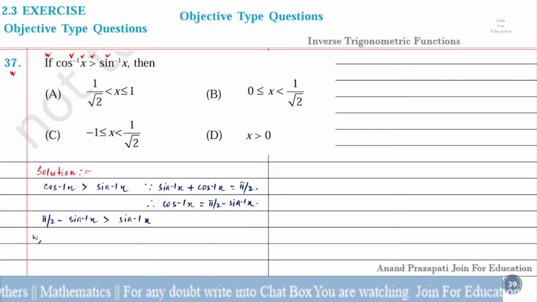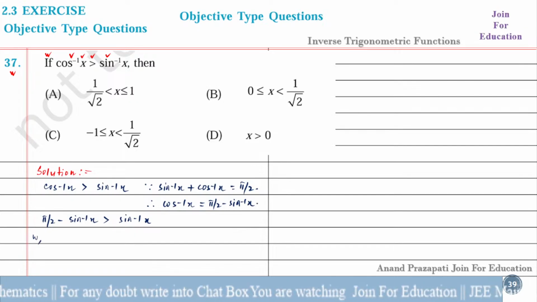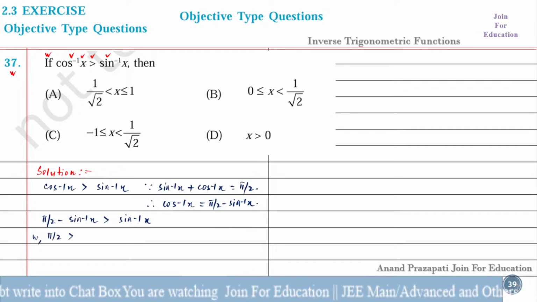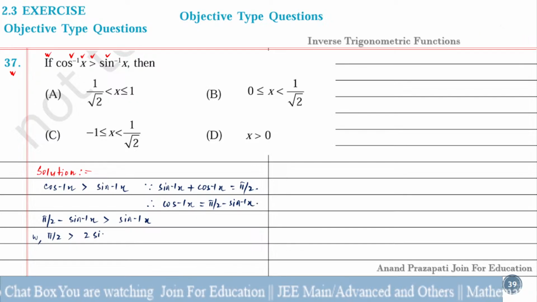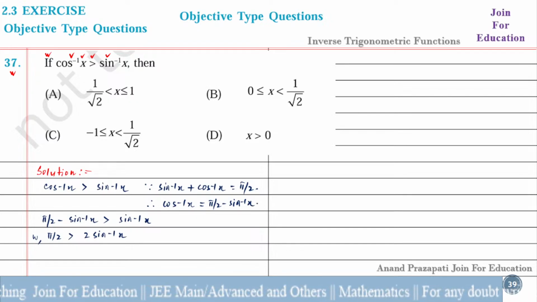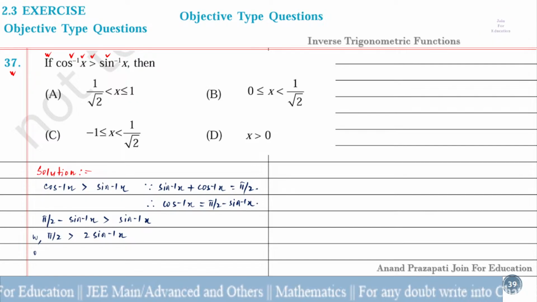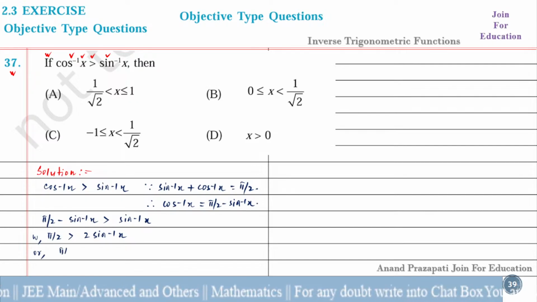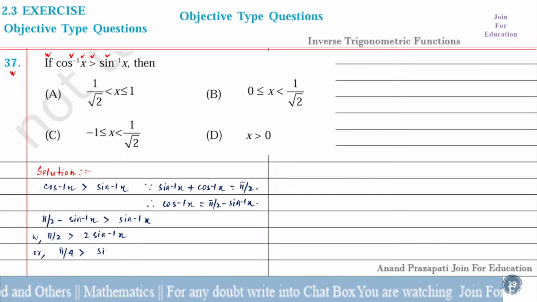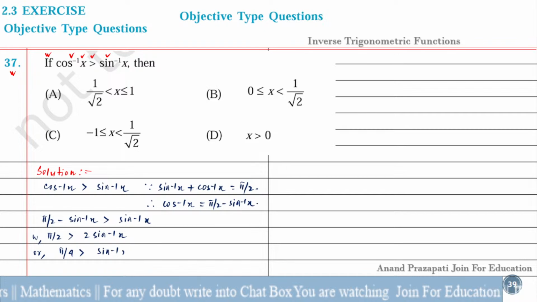Now adding sin inverse x to both sides, we get here pi by 2 greater than 2 sin inverse x. Now dividing both sides by 2, we get here pi by 4 greater than sin inverse x.